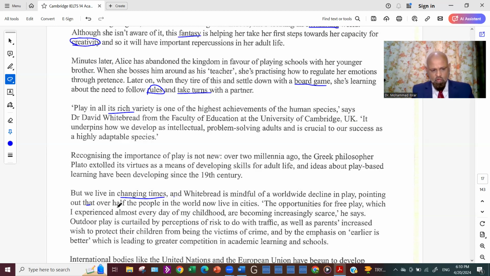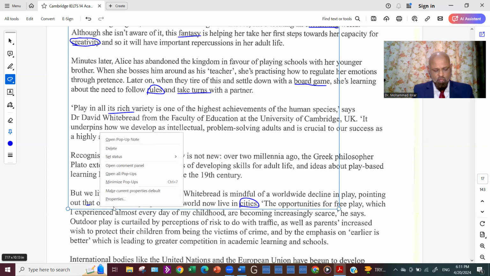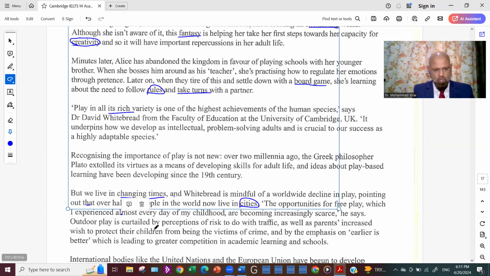Over half of the people in the world now live in cities. So it's kind of a paraphrase of populations that are growing in cities. So cities, our number 3. And over half, we can highlight, half of the people in the world in cities.